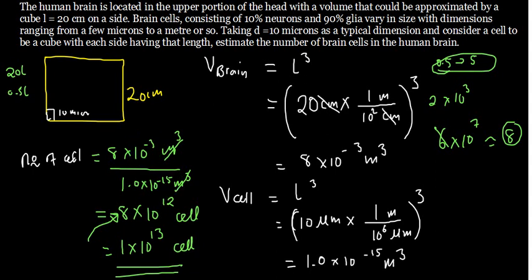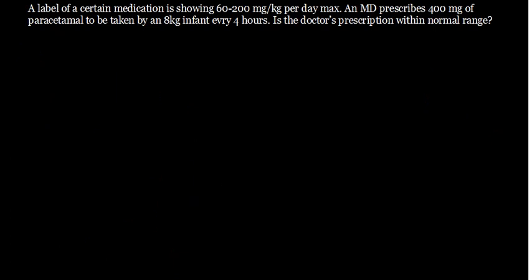When you are dividing numbers of the same base, you just subtract the powers, right? So it will be negative 3 minus negative 15. What are you going to get? Then it would be negative 3 plus 15. What does it give you? 12. Yes.